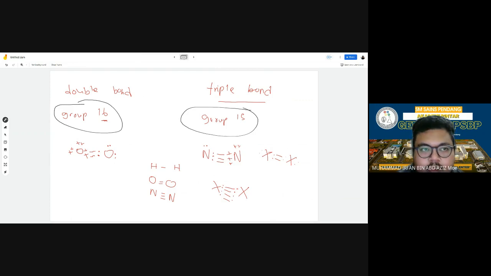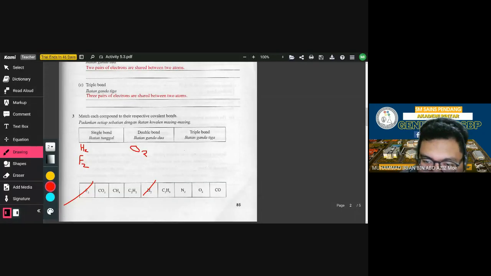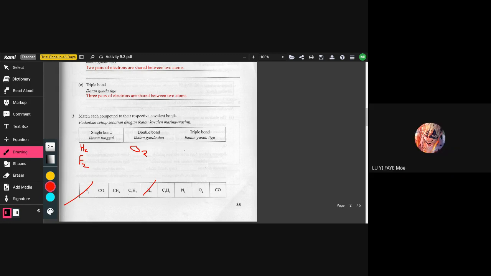So kalau dekat sini, triple bond yang mana pula? Raise hand. I thought single got one more.